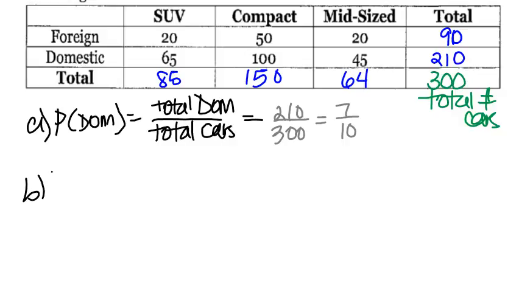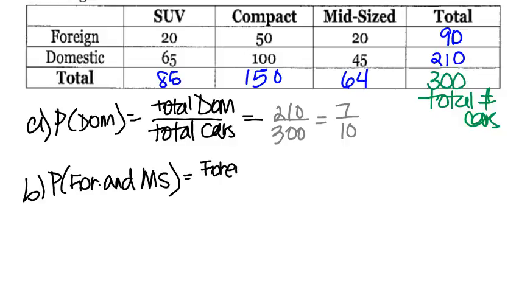We have the probability that we're going to pick a foreign car and mid-size. So let's see. We need the foreign. So we're looking for the foreign mid-size over the total number of cars.